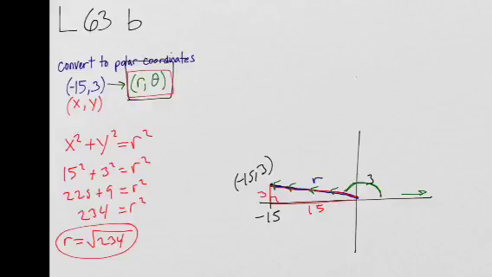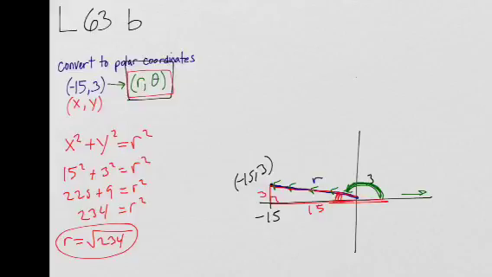Now let's think about the angle. We're trying to get that green angle from the positive x-axis all the way around there. But we have this red triangle that we've drawn, and within it is an angle that relates to the angle we're going for, in that the red angle, that little tiny one, and the green angle together form this straight line, 180 degrees.